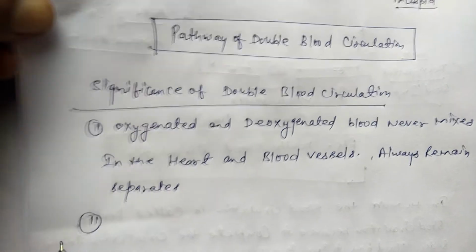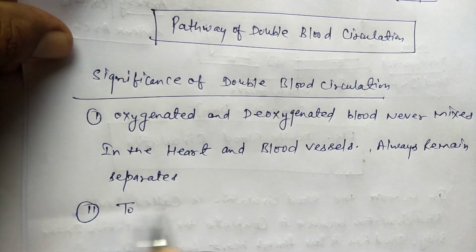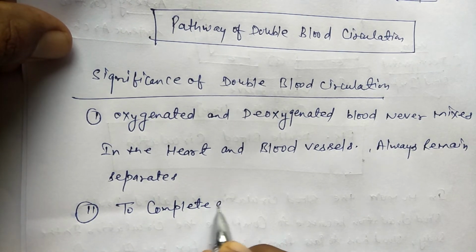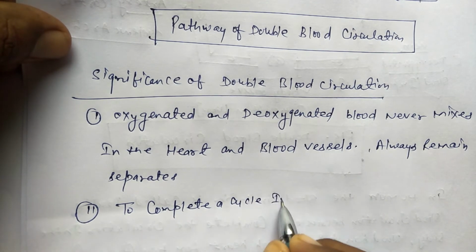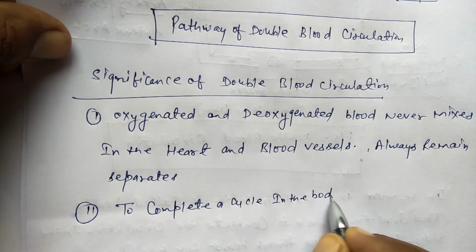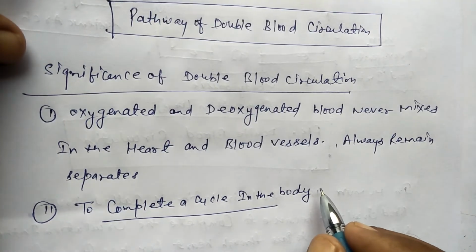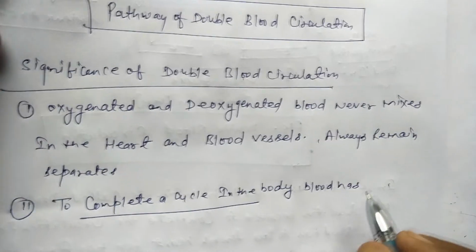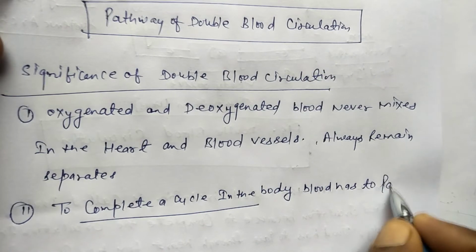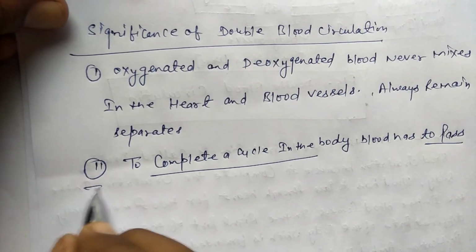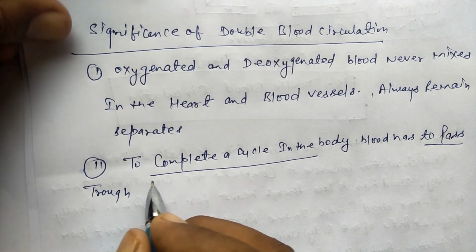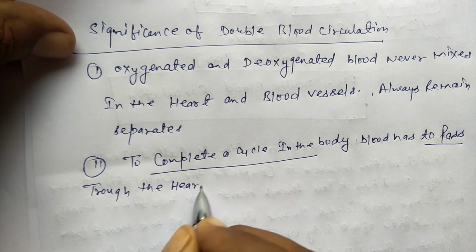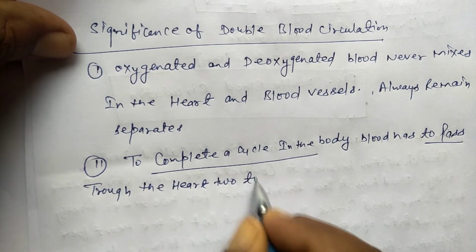Second is to complete a cycle in the body, blood has to pass through the heart two times.